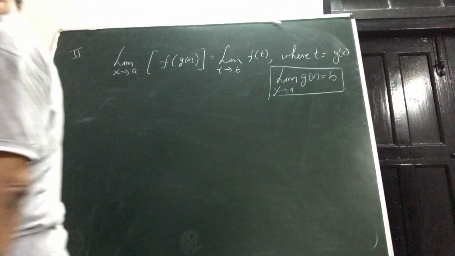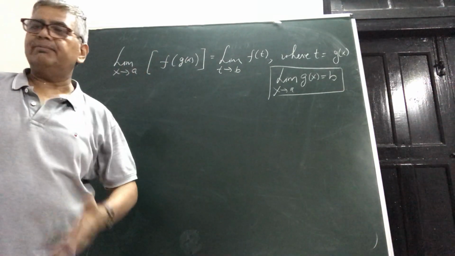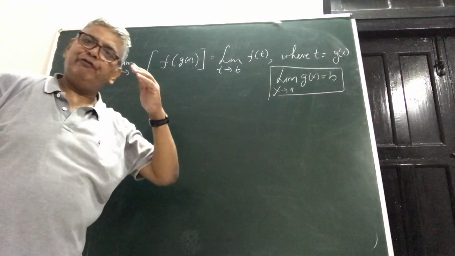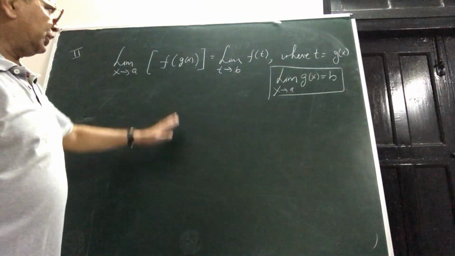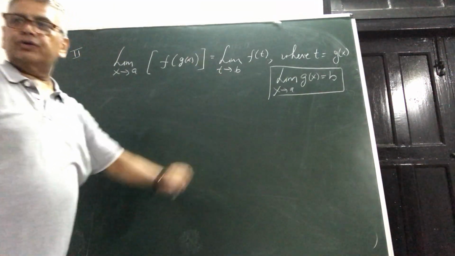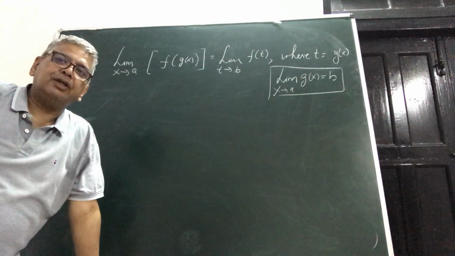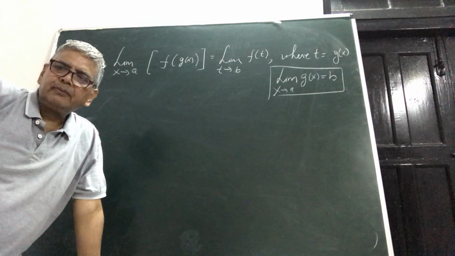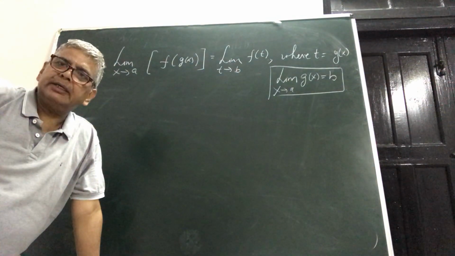This is an important result, which I am more than sure you have still not read. But the proof, you can give very easily by the epsilon delta definition. This result will help you a lot, because this function of a function, derivative of a function, you use almost everywhere in most of the cases where derivative is being used.